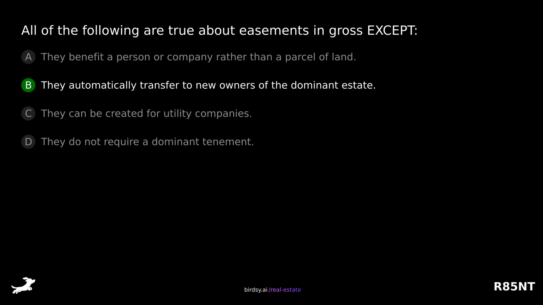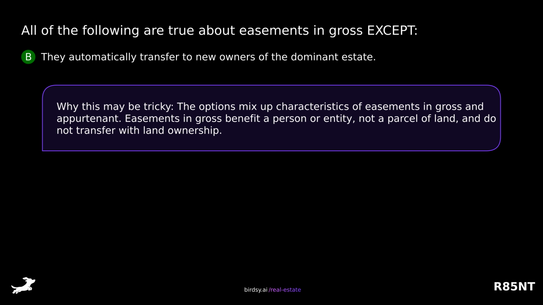The correct answer is B, they automatically transfer to new owners of the dominant estate. Why this may be tricky. The options mix up characteristics of easements in gross and appurtenant. Easements in gross benefit a person or entity, not a parcel of land, and do not transfer with land ownership.